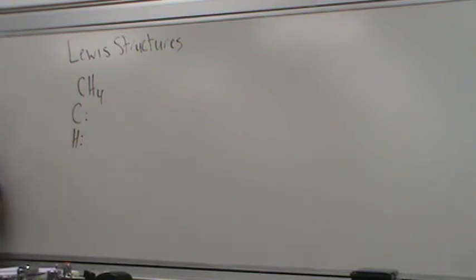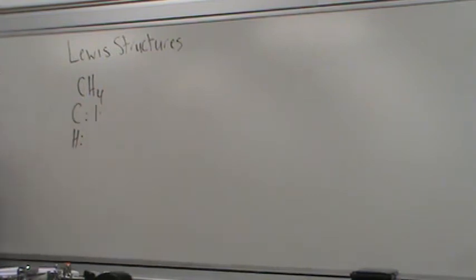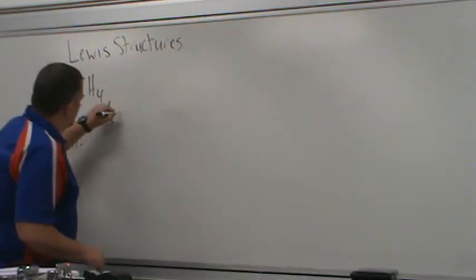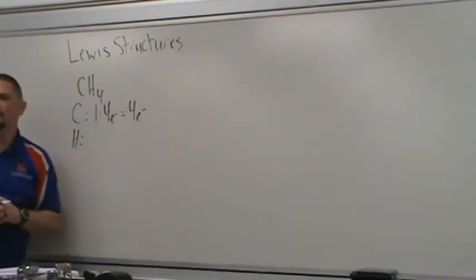So if we look at our chemical formula, how many carbons do you see in there? 1. All right, so we're going to take the number of that element and multiply by how many valence electrons it has. So carbon has how many valence electrons? 4. 1 times 4 is 4.